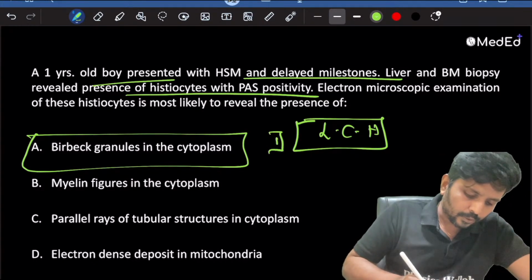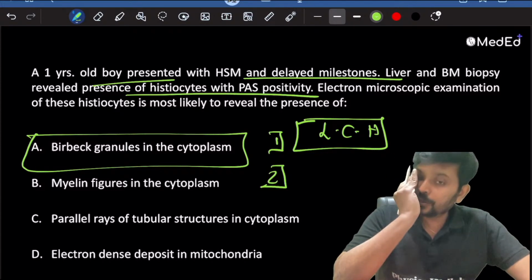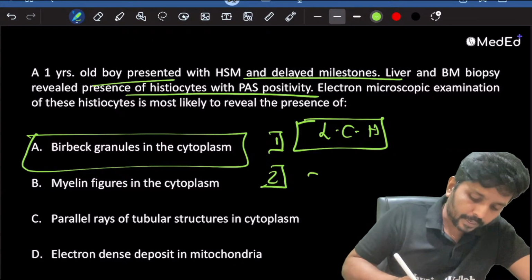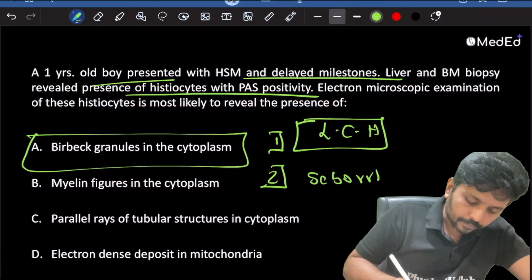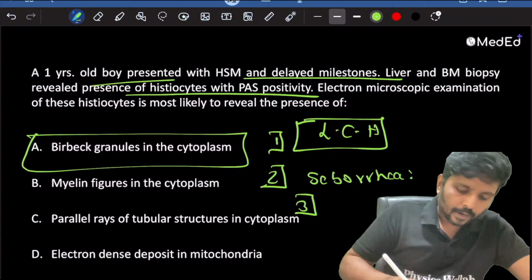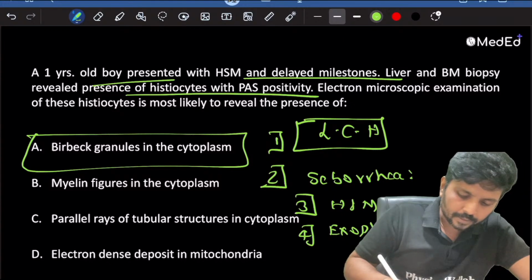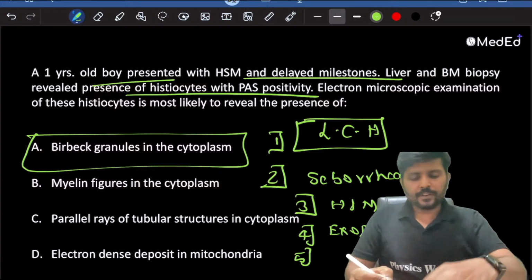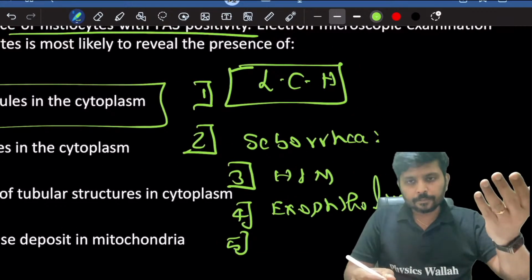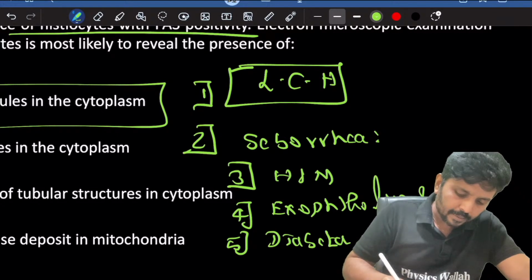Langerhans histiocytosis is characterized by seborrhea, and then you have hepatosplenomegaly. It can also be characterized by bilateral exophthalmos. If LCH involves your posterior pituitary, it can manifest as diabetes insipidus.